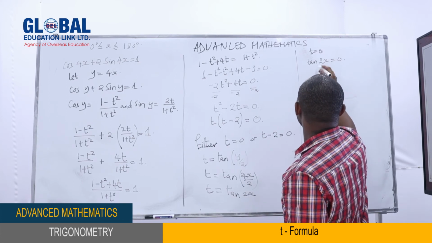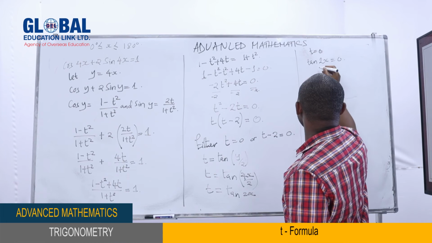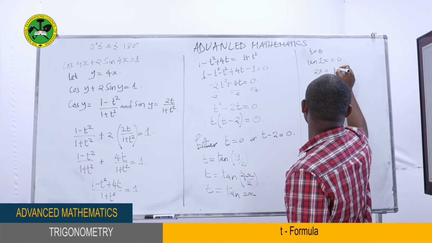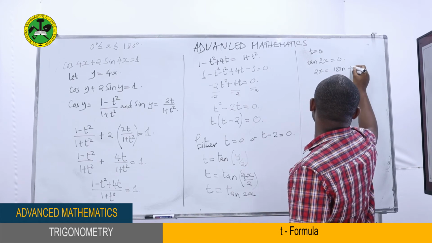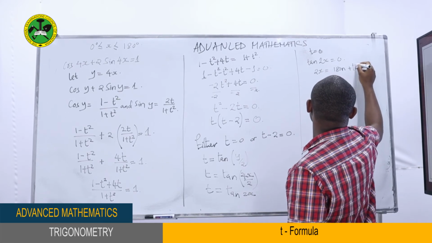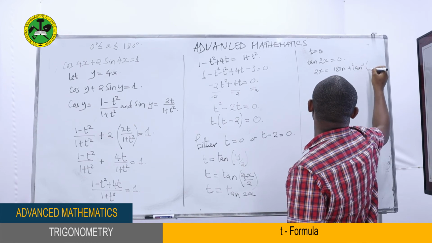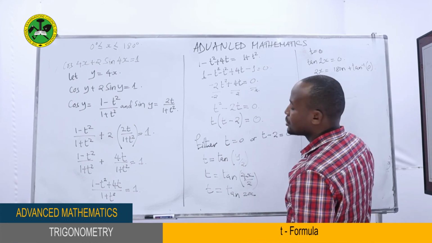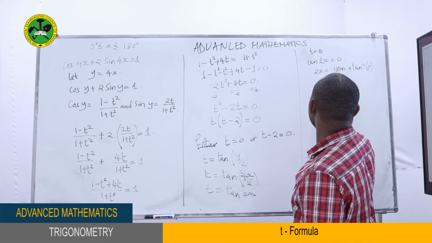That is to say, when we are trying to look for the inverse of that, we are going to use the general form. That is, we are going to be left with 180n plus tan inverse of 0. But remember, this is 2x. Then you are supposed to divide by 2.